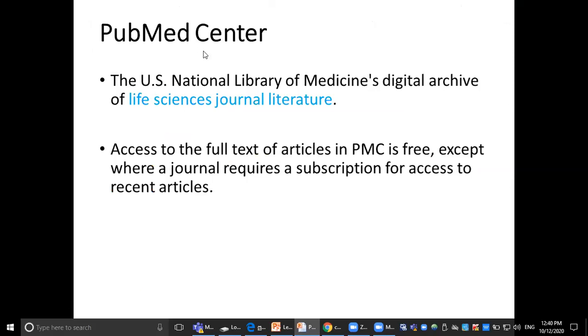And PubMed, we looked at PubMed and we did several searches. It is the US National Library of Medicine's digital archive of life science journal literature. It contains literature of life sciences, okay, related data. The access to full text articles in PMC is free. If a journal requires a subscription to access data, it will not be available. If not, all the articles will be freely available from PMC.